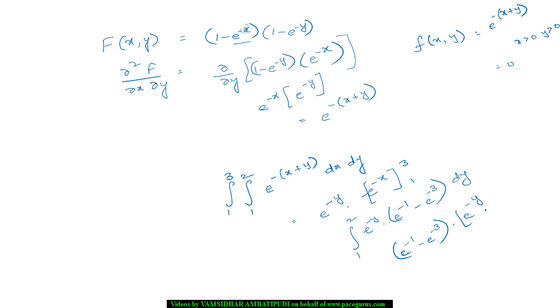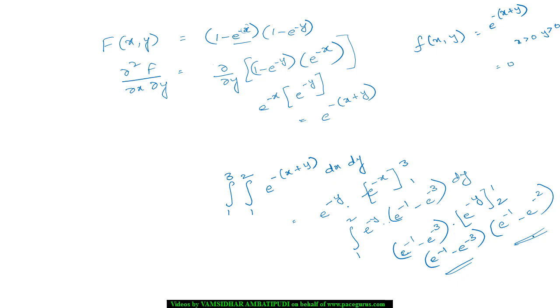So I'll take it the other way when I'm taking it between 1 and 2. It is e to the power of minus 1 minus e to the power of minus 3 multiplied by e to the power of minus 1 minus e to the power of minus 2. So you could very well solve this and say what is the probability that x lies between 1 and 3, y lies between 1 and 2.